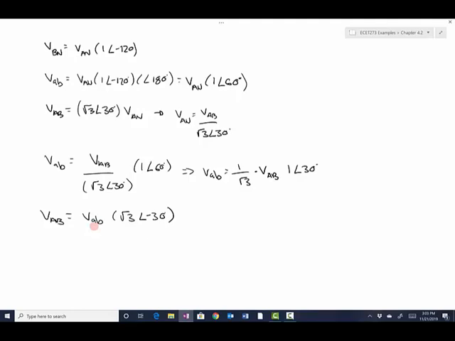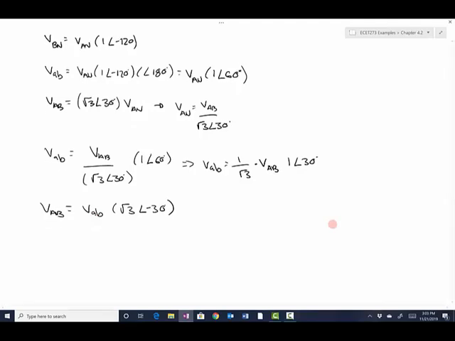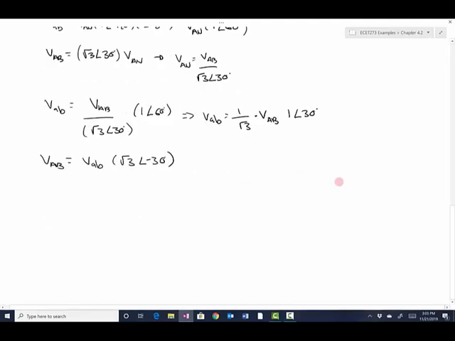So I can use that information now to go ahead and draw basically the entire phasor diagram. What I would do is start with the reference VAB on the primary, and we know that VBC and VCA are all going to be 120 degrees out of phase with one another.